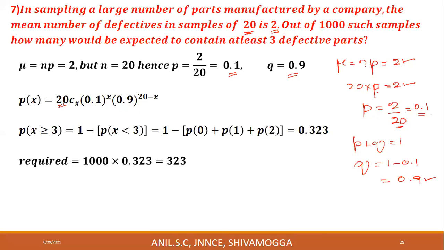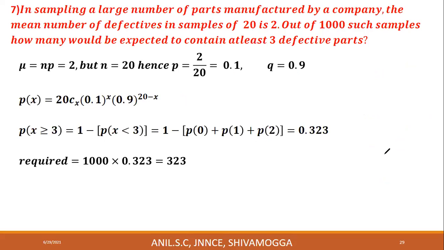NCX, N is 20, therefore 20CX into P power X, P is 0.1 whole power X, into Q power 20 minus X, that is 0.9 power 20 minus X. This is the probability function with respect to this sample of 20 elements. P of X is equal to 20CX into 0.1 whole power X into 0.9 whole power 20 minus X.